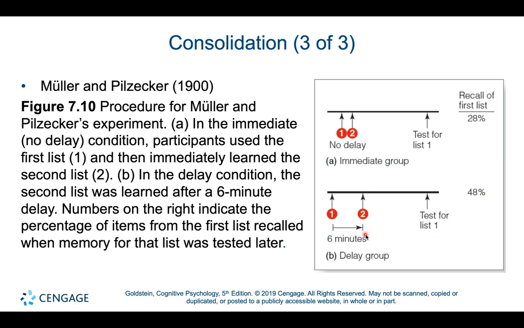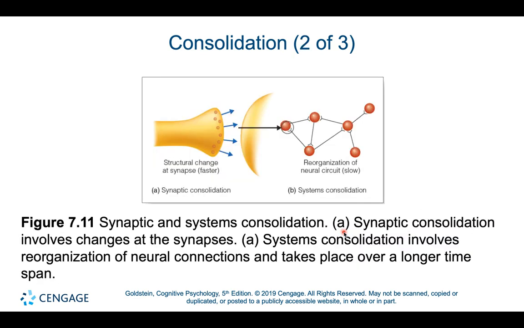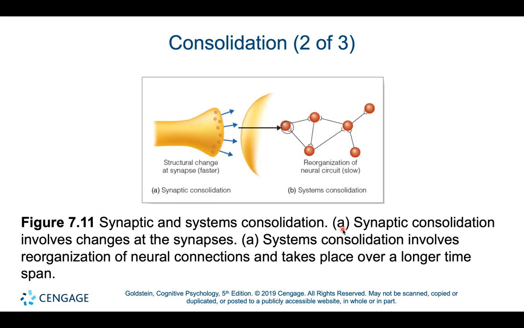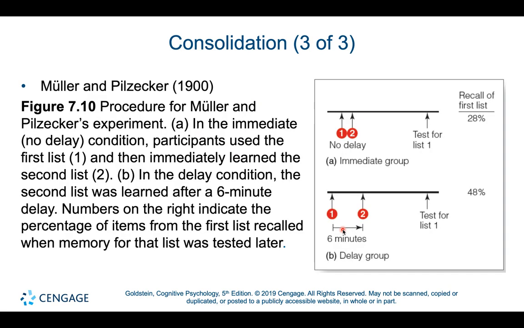What's happening? In this 6 minute delay, your neurons are talking to each other. That's it. That's what's happening. This 6 minute delay gives your neurons time to coordinate with one another. And with that coordination, we get better long-term memory.